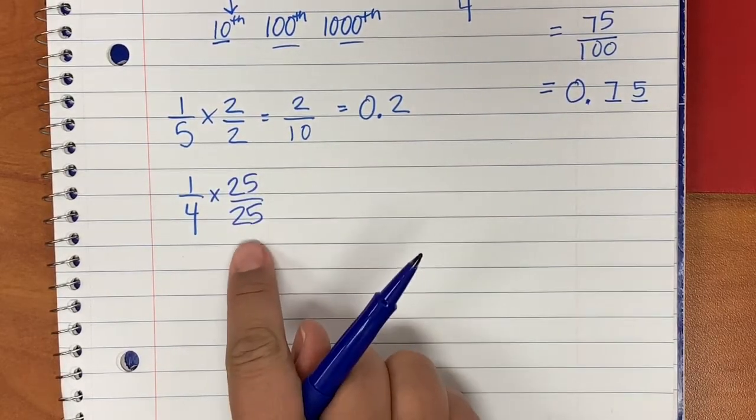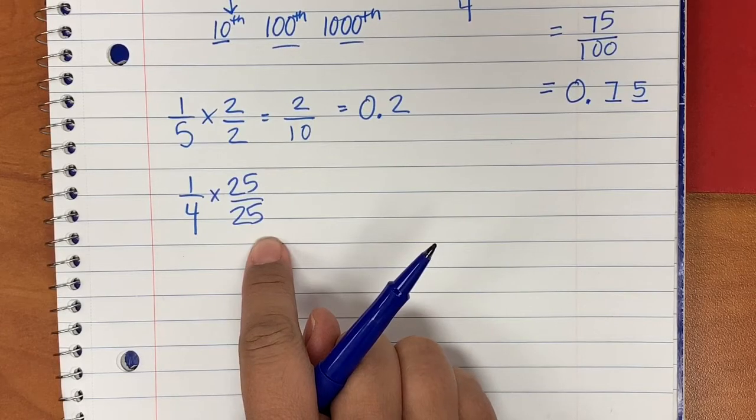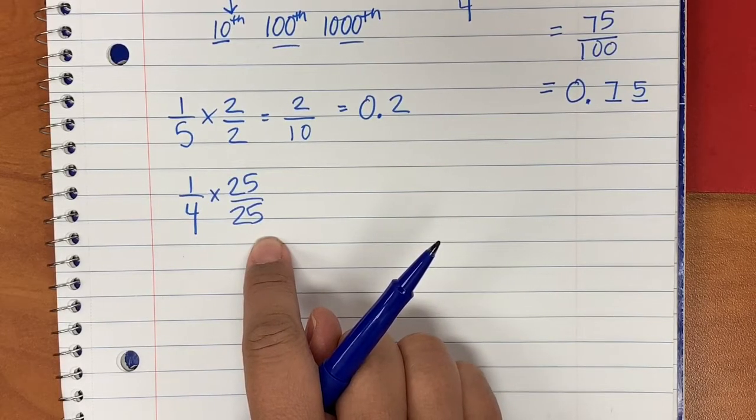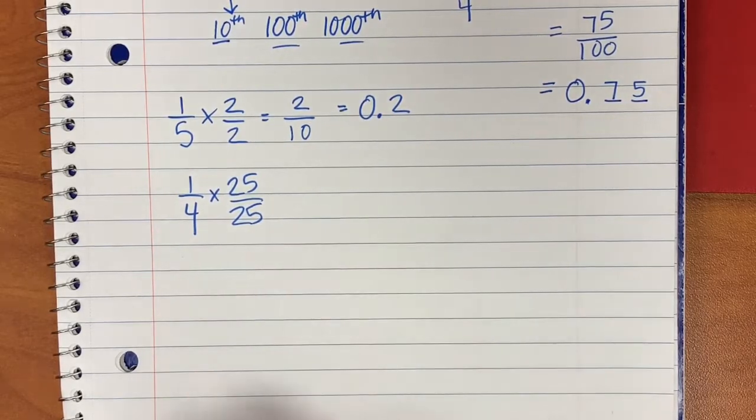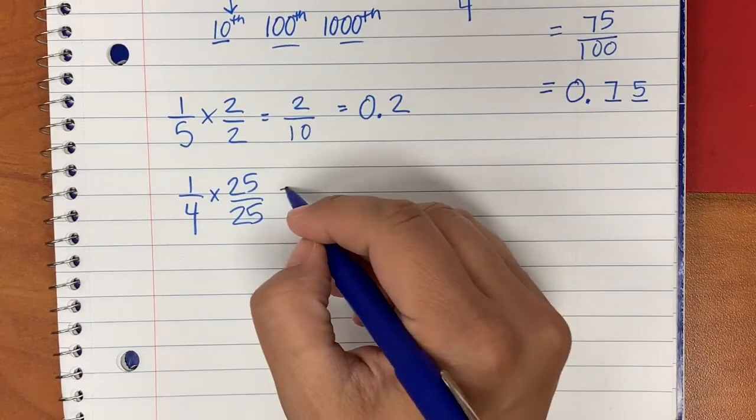Multiplying 25 over 25 is the same thing as multiplying by 1. We're getting an equivalent fraction. We're not changing the value at all, but we're getting the equivalent so that we can write it in decimal form.